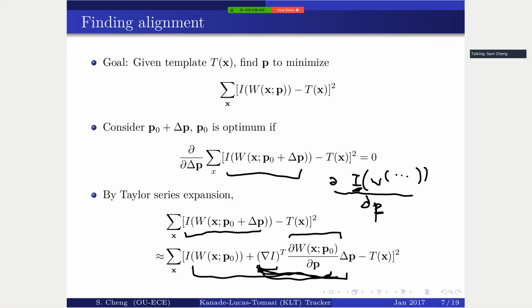Even though everything is a vector, I can use the chain rule here. When I take the partial derivative with respect to p, I first take the derivative of I itself, so I have the gradient of I here. Then I take the partial derivative of w with respect to p. Therefore I have two terms here.